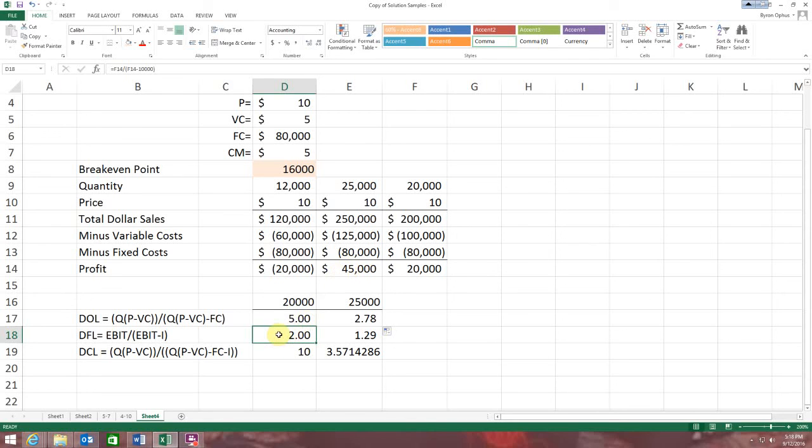So they give me my interest. So this one's simply equal to my, for the 20,000 I got to use this one, right? Divided by parentheses this one minus 10,000, and then there we go. Make the same calculation for this one, but make sure then you use the 25,000.